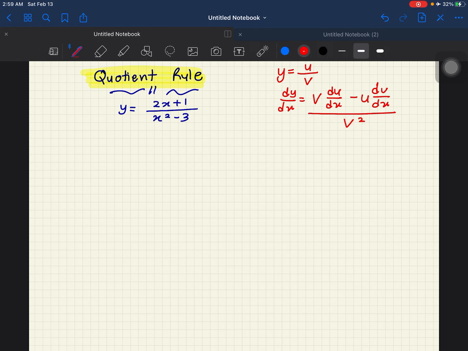So, don't be careless. From here, we can definitely tell that this is our u, this is our v. So, we write it down. Our u is 2x plus 1 and our v is x squared minus 3. So, our du/dx is equal to 2 and our dv/dx is equal to, we differentiate x squared, we reduce the power for x, so it happens to be 2x minus 0.